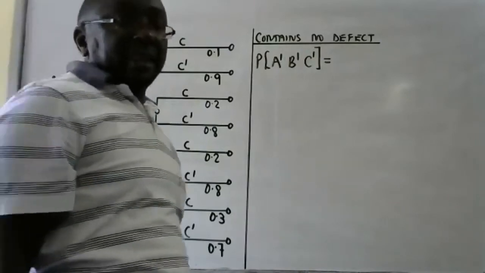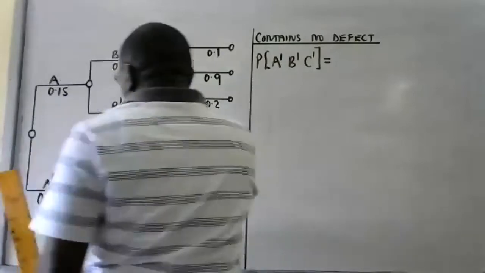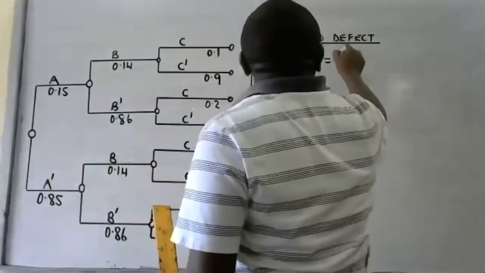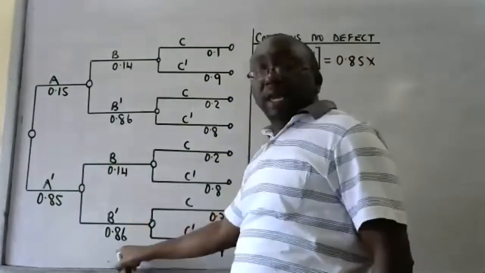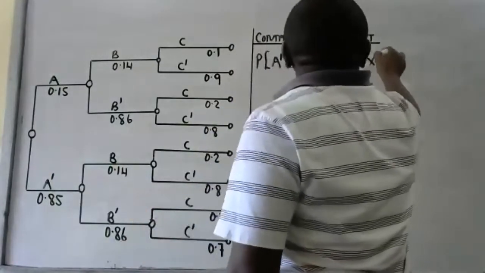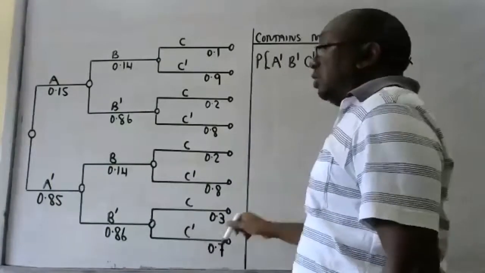When they are connected by the word and, it means you multiply. So not having A is 0.85. Not having B is 0.86. And not having C is 0.7.